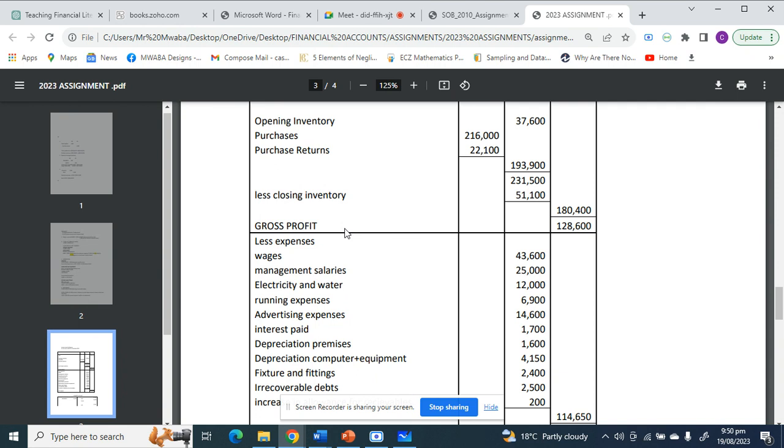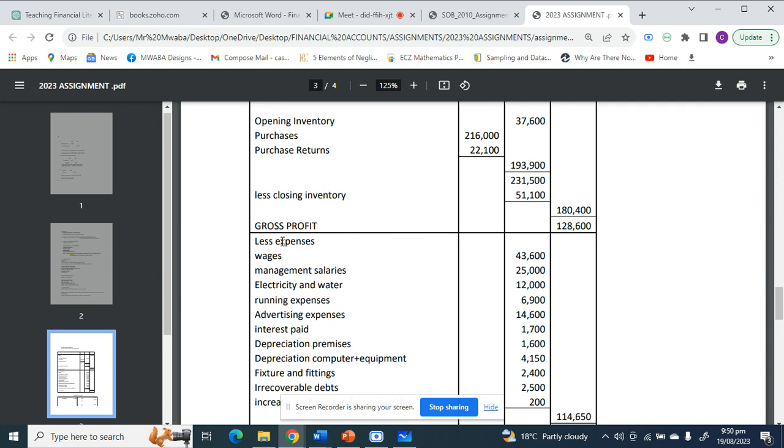Those are gains which can be taken as forms of revenue. So you add them to the gross profit. All right. But in this case, you don't have any discount received, commission received, or rent received. You don't have any of that. So we go straight to deduct the expenses.